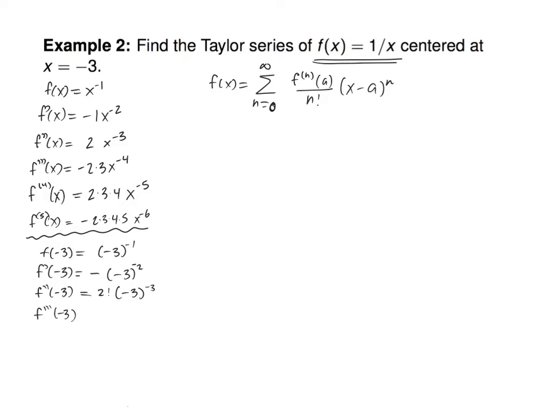Third derivative is -3 factorial, -3 to the -4, yep. And the fourth derivative at -3 is going to be 4 factorial, right? -3 to the power of -5. Okay.